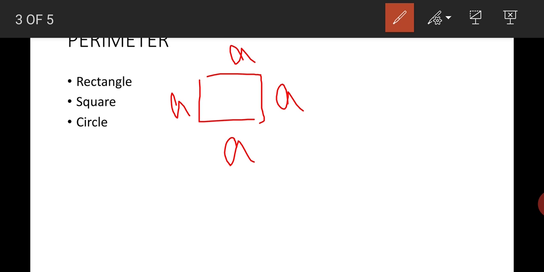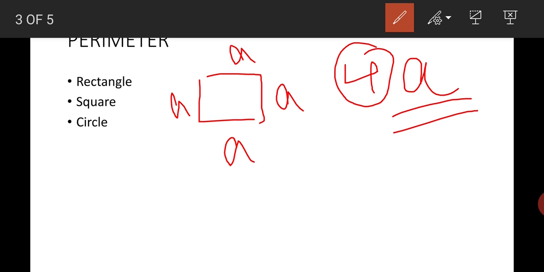Then the total length will be a plus a plus a plus a, that is 4a. The dimension corresponding to 4a: 4 is a number which does not have any dimension. But a is the length of one of the sides of the square, which has the dimension L. Then the same L is the dimension of the perimeter of the square.